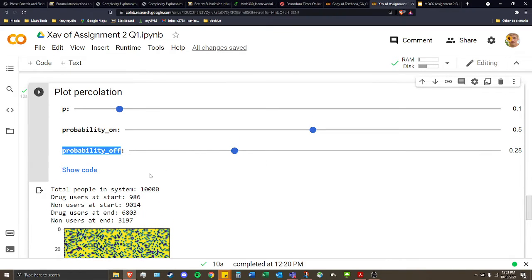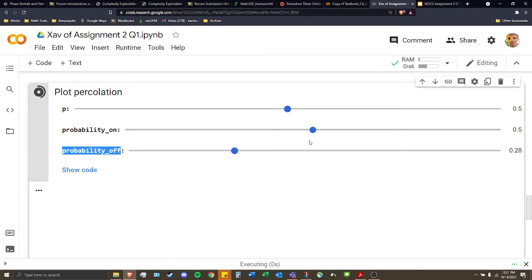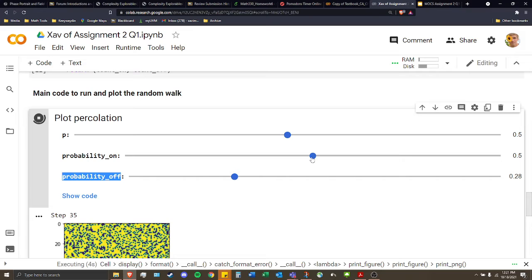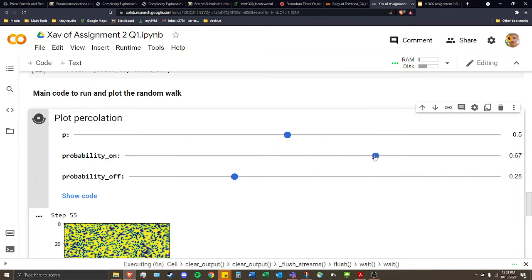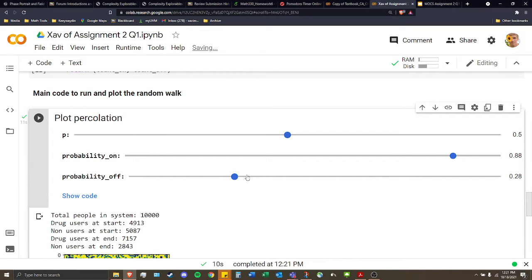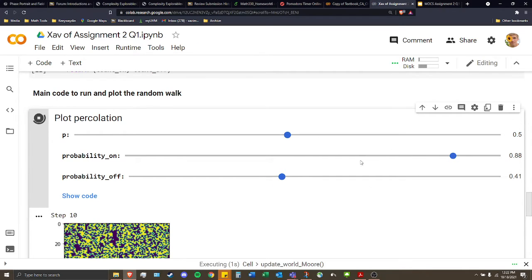We can show a couple other states. Here, if we start the population at about 50% of the users being on drugs, and we make it pretty likely that people will start to try drugs. But then we're also going to make this intervention probability about 0.41. So it's still fairly lower than why people would want to try drugs.